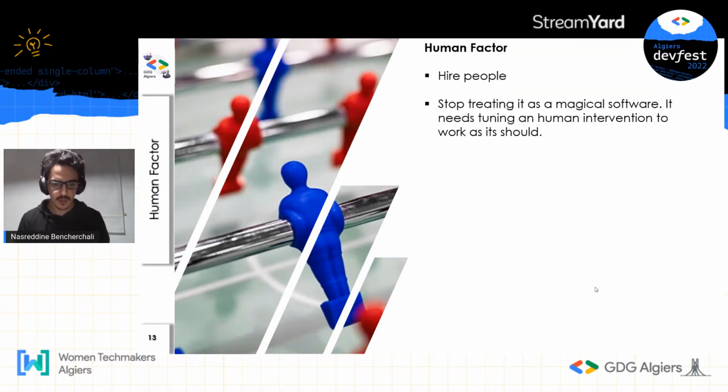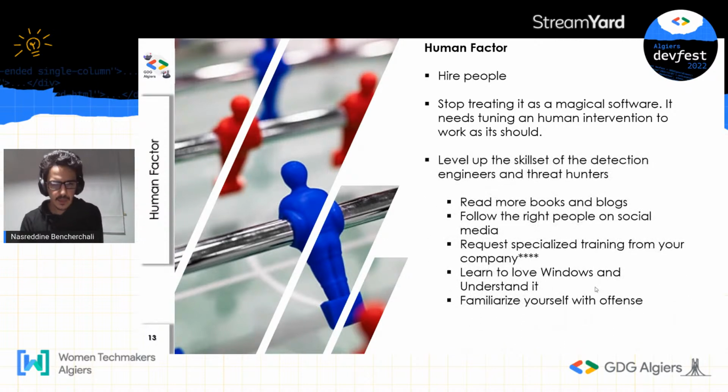So a typical process would be to recruit a human, and the human would operate the EDR in the best case scenario. The human that you recruit, or the engineers that you recruit, need to have the necessary skill set to do their job.